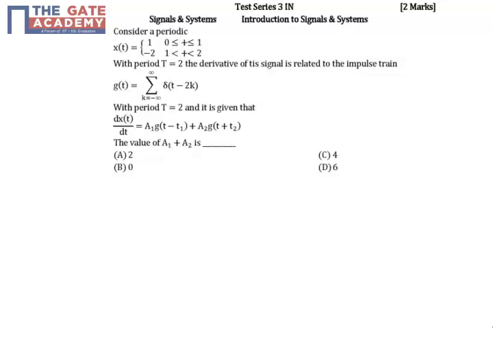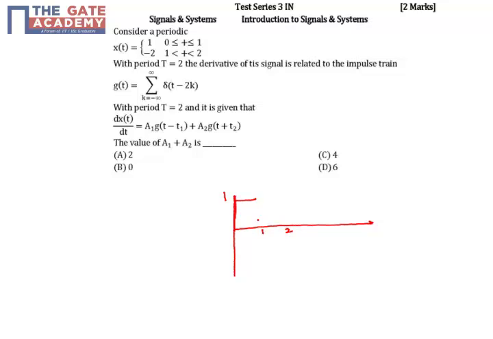So first I will plot x of t. When you plot x of t, how does it look? In between t is 0 to 1, its value is 1.